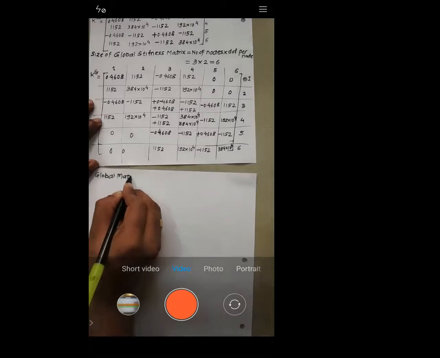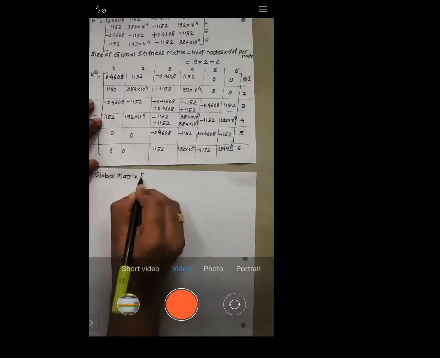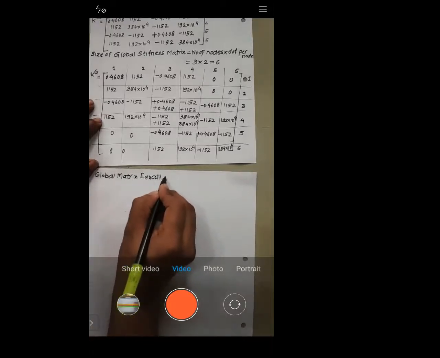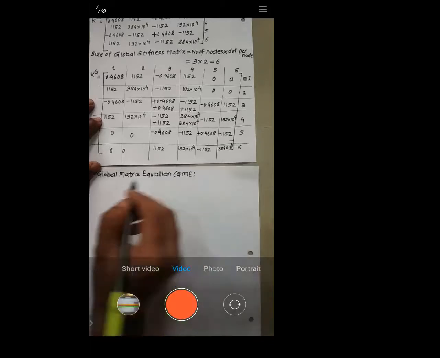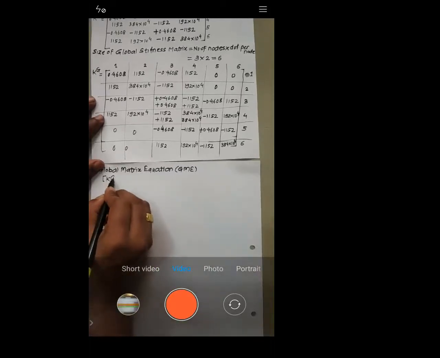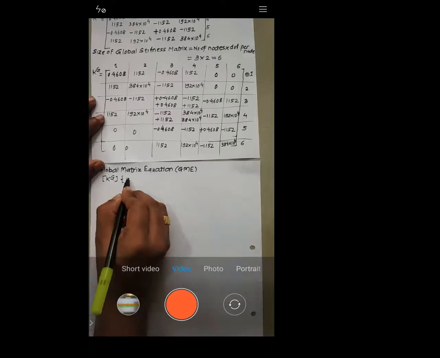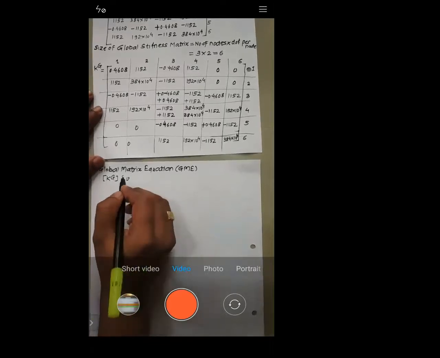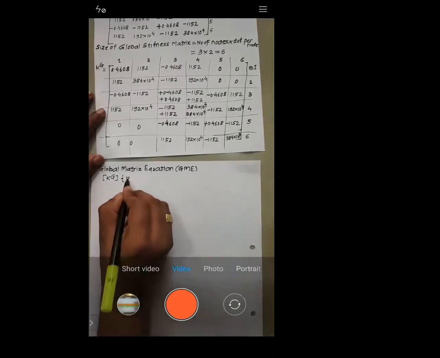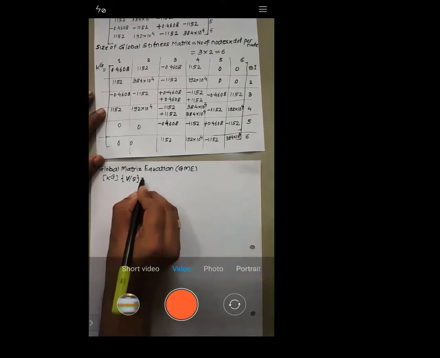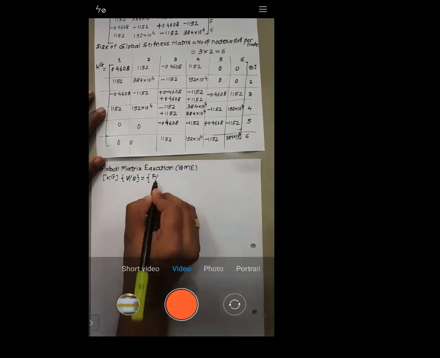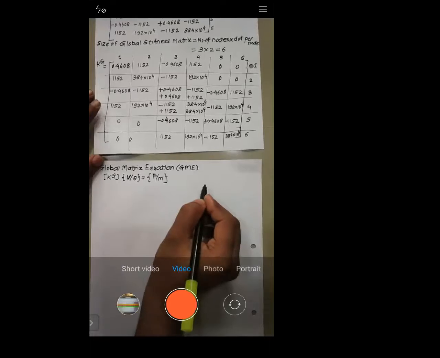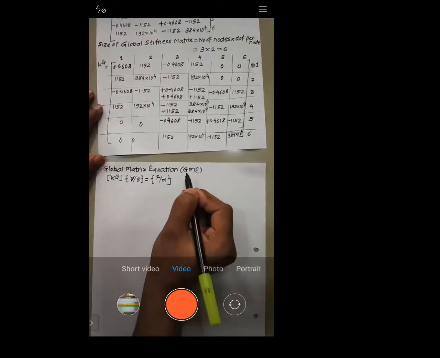So what is your global matrix equation? That is the global stiffness matrix multiplied by displacement. That displacement will be either V or theta, and it is given by force, either force or moment, F or M.